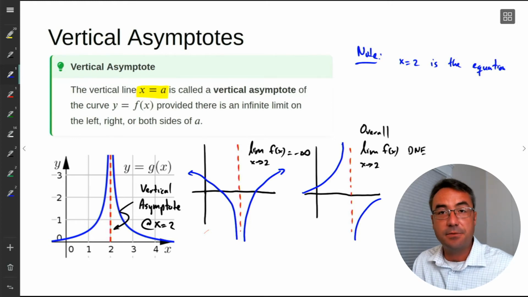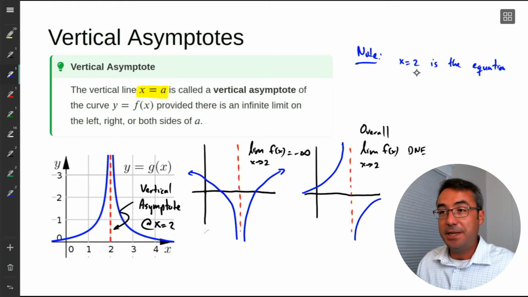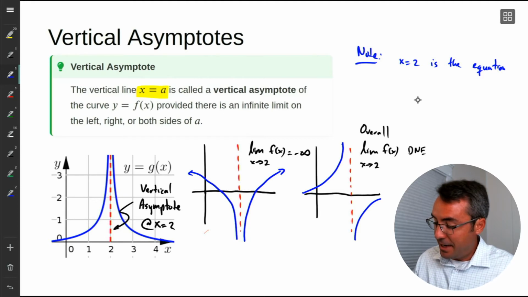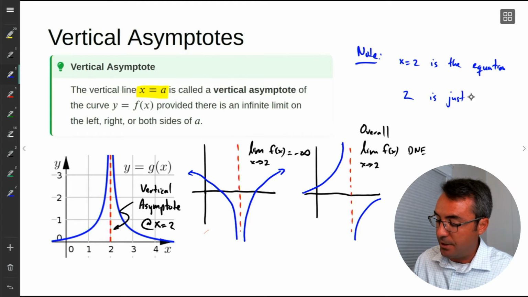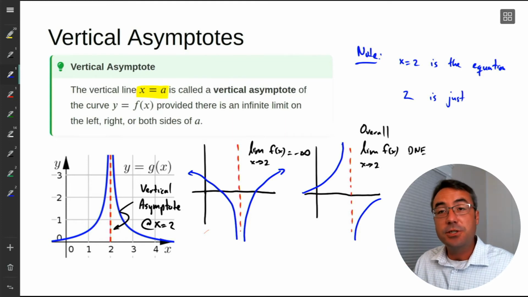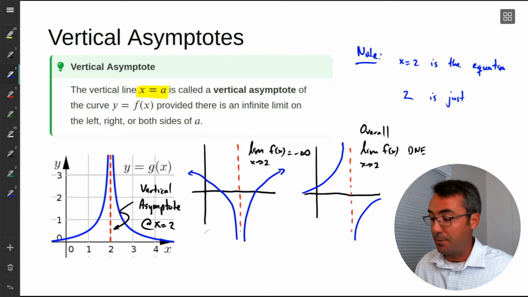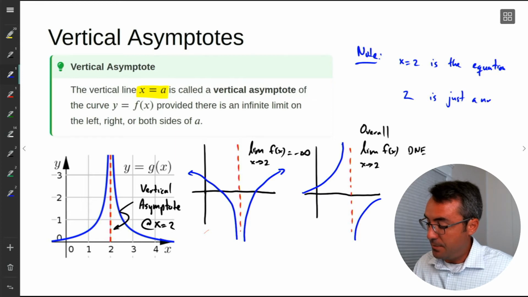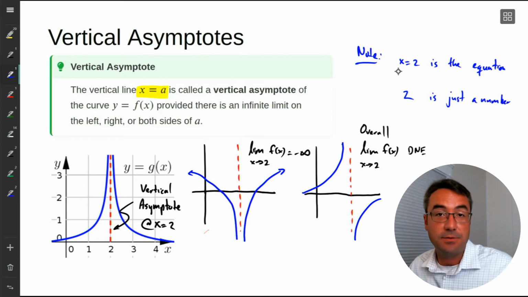So when we say find the vertical asymptote, we actually need the equation of the line. It's not enough to say 2. 2 is just a number. That really doesn't answer the question. We want to know what is the vertical asymptote. We actually need the equation for the line. So x equal to 2 is the actual equation here. 2 is just a number. So just keep that in mind when we're finding vertical asymptotes. We want the actual equation of the line.